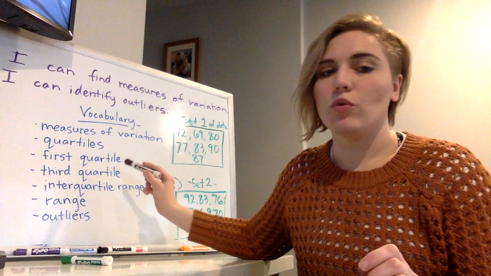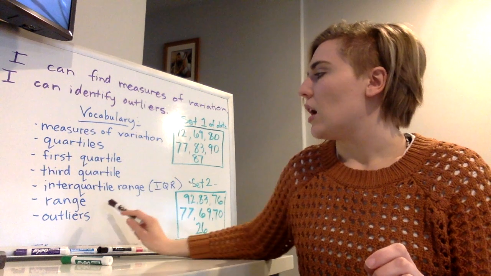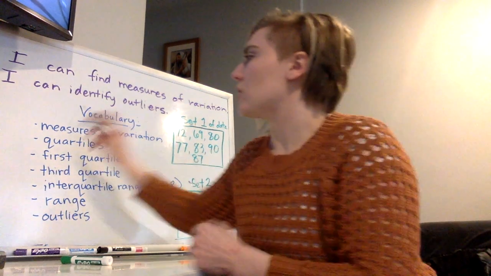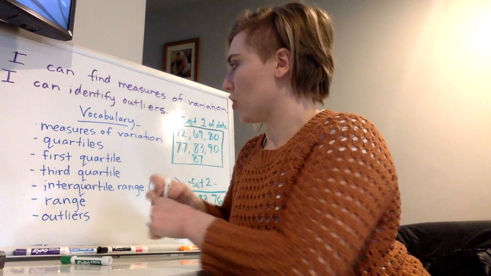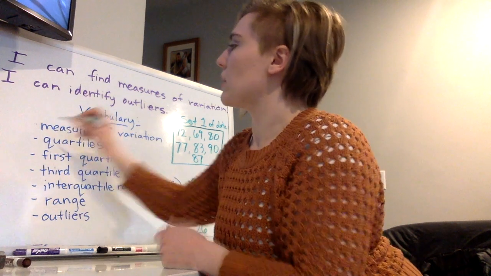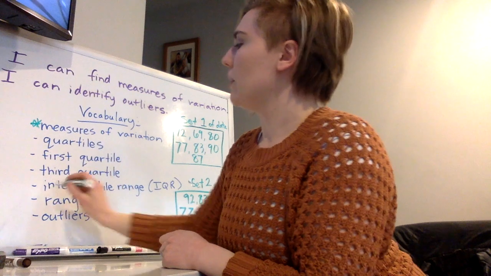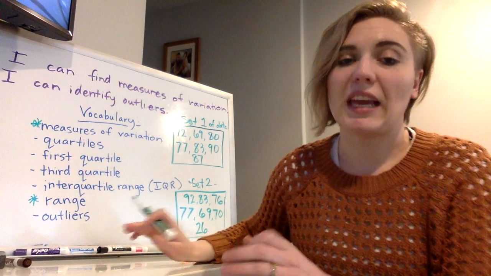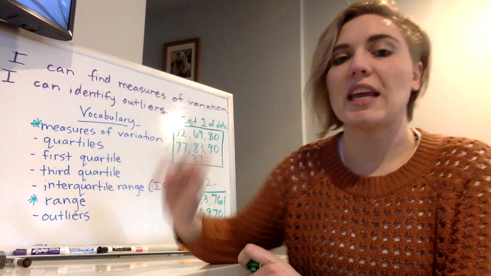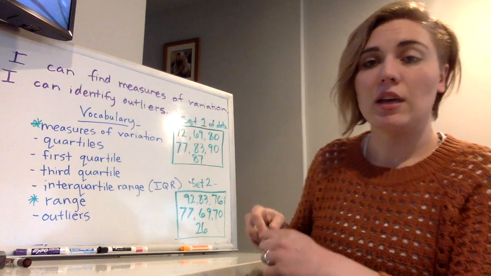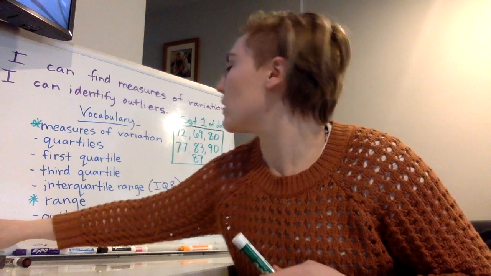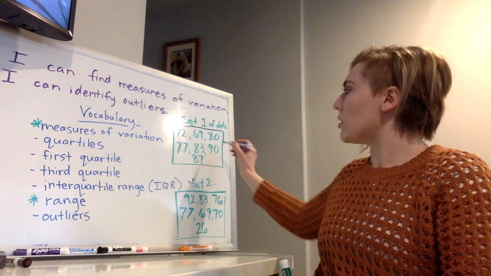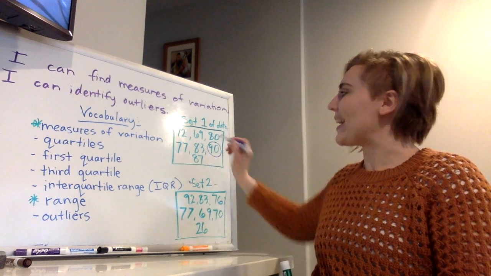Now, we're going to move further down. I am actually going to jump down to range first, so I'll put a star next to the ones that we've talked about. When we're talking about range, we are taking the highest number in a set of data. For set 1, the highest number would be 90.